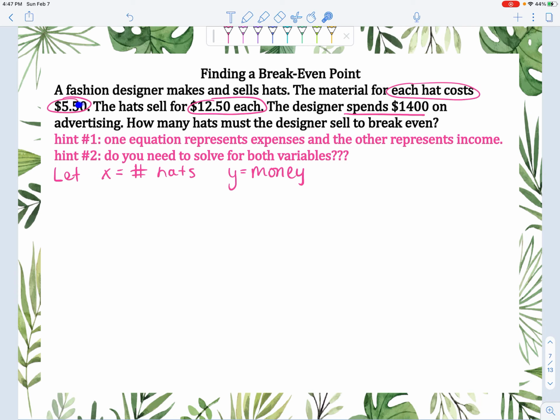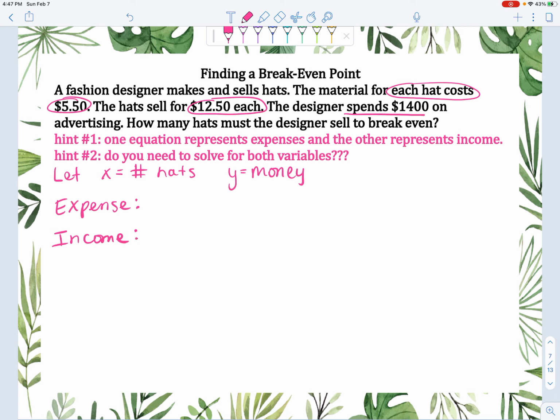So we've got some values that represent a cost or an expense, and we've got some numbers that represent what the designer would get as income. It says that the hats sell for $12.50 each. That means that the designer is getting this as income for every hat that is sold. Okay, so we've got an expense equation and we've got an income equation.